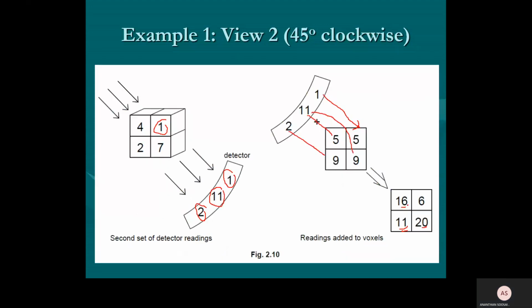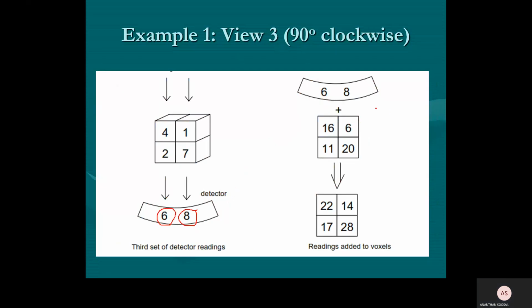So this pixel will be added for the 6 and 8. So this will be 8 plus 6 and 8 plus 20, so become 14 and 28. Then 6 as usual here, and forms 22 and 17. So with the X-ray vertically up, you get the total pixel now.